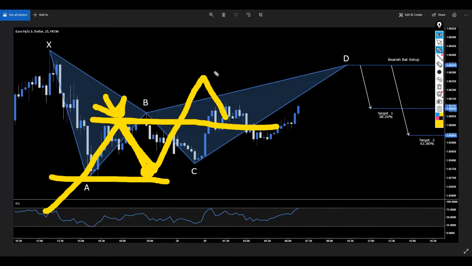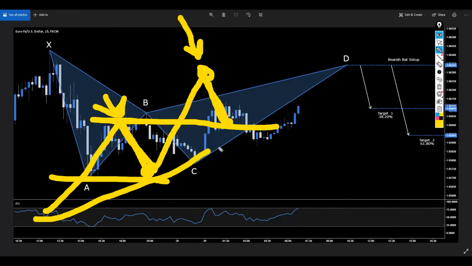Again, same story here. If the pattern forms itself here, and then we sell the market, we're trying to grab a good profit by entering the market in the right place. And as I said, this is where we are trying to generate our profit.